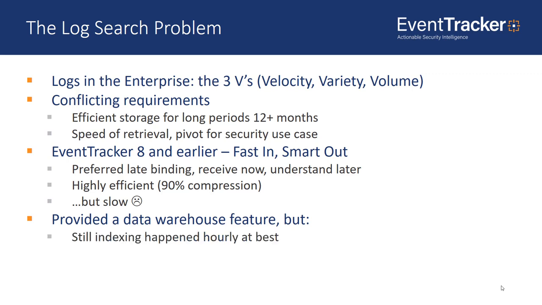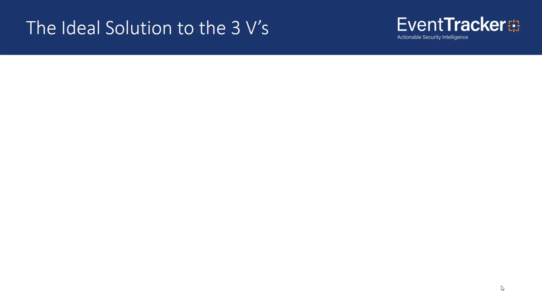But frankly, indexing still happened at best on the hour, which was far too slow for the security use case. Further, it was based on ODBC, Microsoft SQL, which scaled to a certain extent, but was much, much more expensive in terms of CPU utilization and, of course, the license.